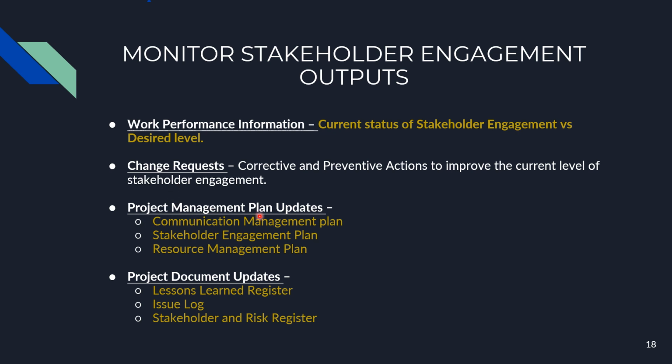Project management plan updates in the form of updates to the communication management plan, stakeholder engagement plan, resource management plan, or any other subcomponent of the project management plan. Project document updates in the form of updates to the lessons learned register, issue log, stakeholder register, and risk register.